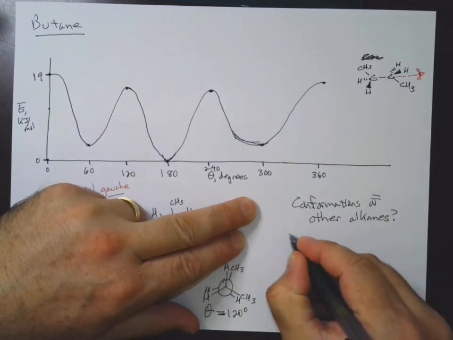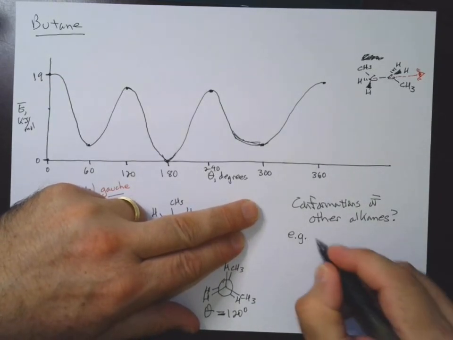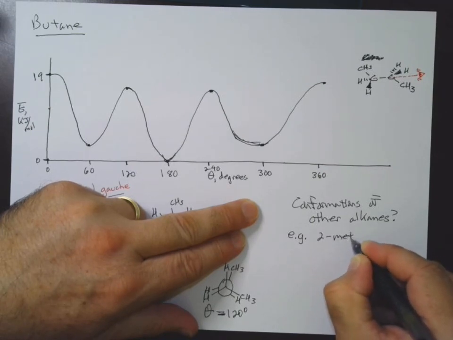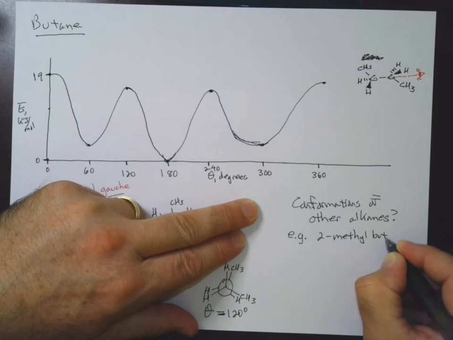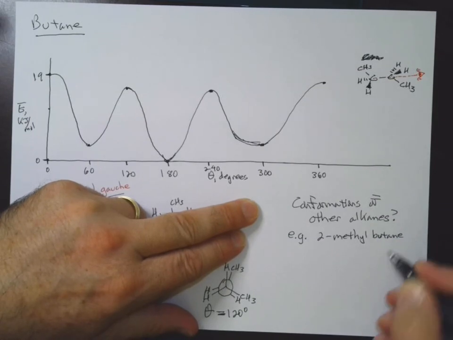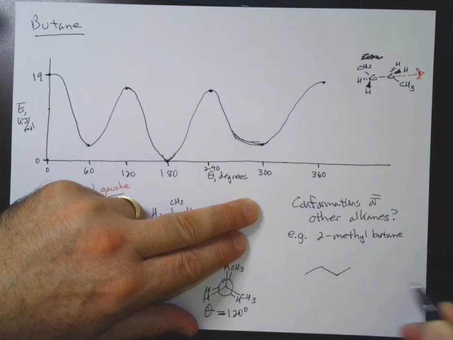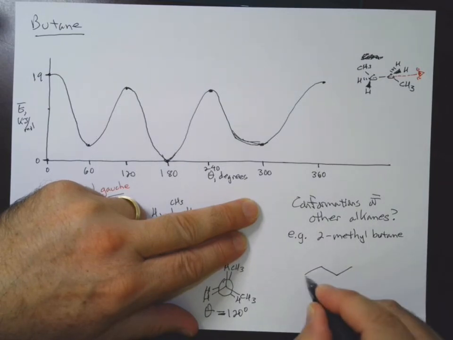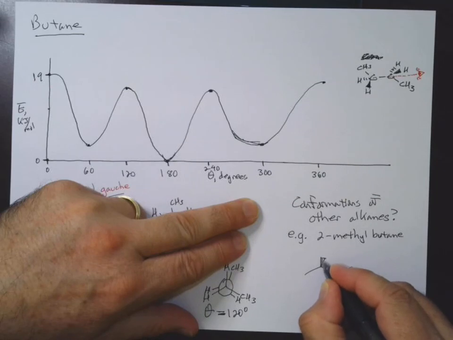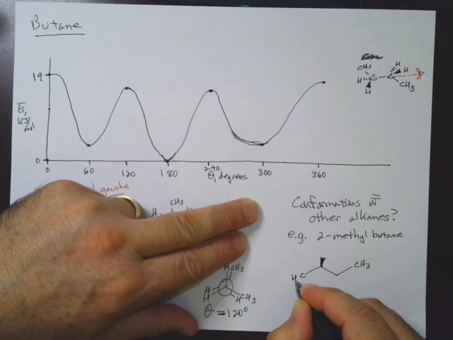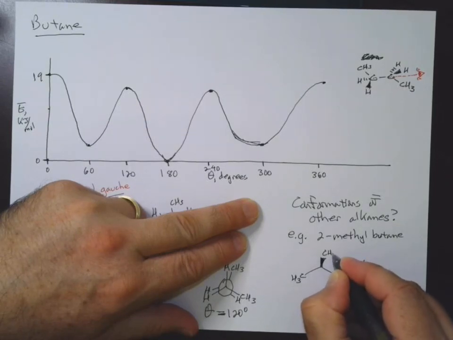So let's say, for example, we wanted to look at 2-methylbutane. 2-methylbutane has the following structure. There's my butane, and there's going to be a methyl group on carbon 2 here. So I'm going to add in CH3 just so we keep everything straight here.